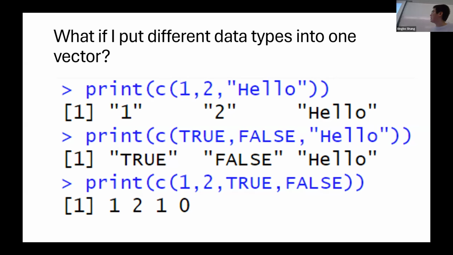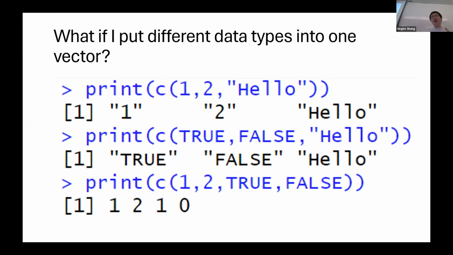Here we first have TRUE, FALSE, which is logical, and then we have "hello" again. "Hello" is just my way of messing up stuff. Then, as you notice, TRUE becomes the text "TRUE", and FALSE becomes the character "FALSE". And finally, what if we mix numeric and logical? You see 1, 2, TRUE, FALSE, and then TRUE is converted to 1, FALSE is converted to 0.